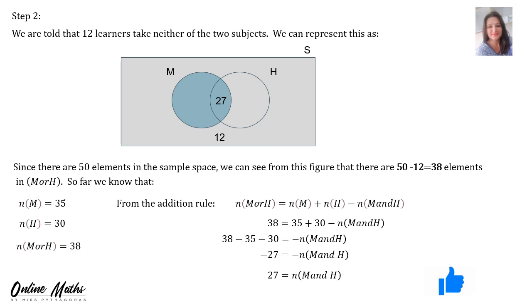And then we can work out how many learners only do maths by saying 35 minus the 27, because the 27 is the learners that do both. So there's 8 of them that only do maths, and then we can say it's 30 minus the 27, so there's 3 that do only history.